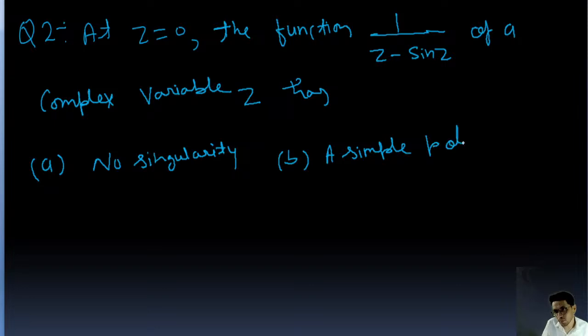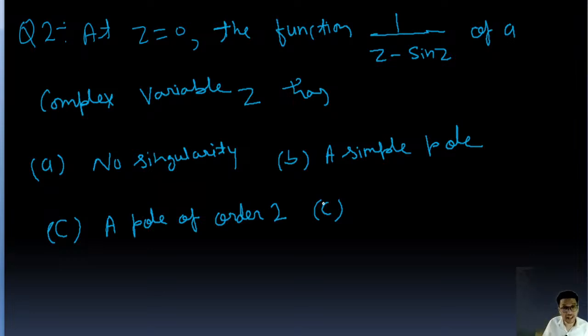Option C is a pole of order 2. And option D is a pole of order 3. Okay, so this is the question, guys.